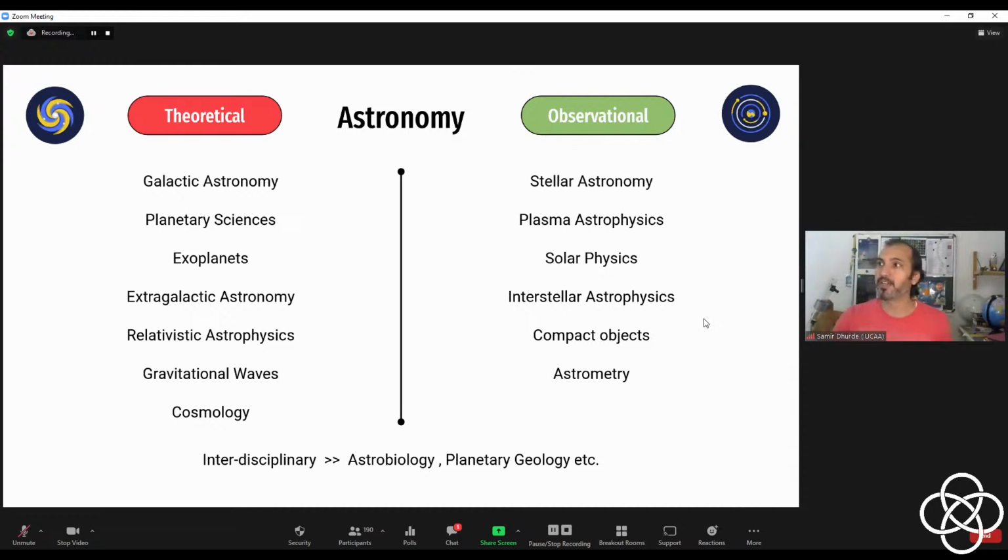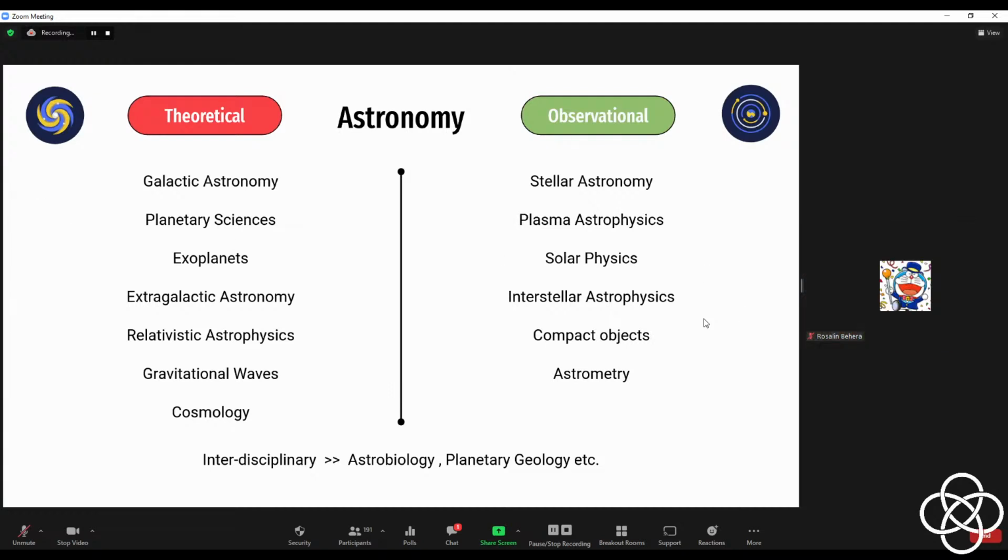Then there could be fields like solar physics, which have both observational and theoretical aspects. So it was not an easy task to classify these. There could be interdisciplinary topics like planetary geology or astrobiology, exobiology, right?